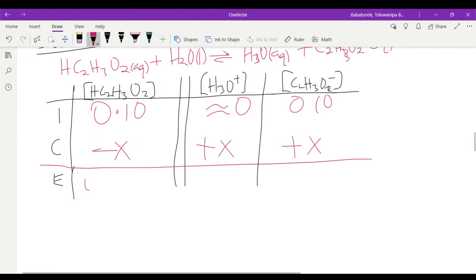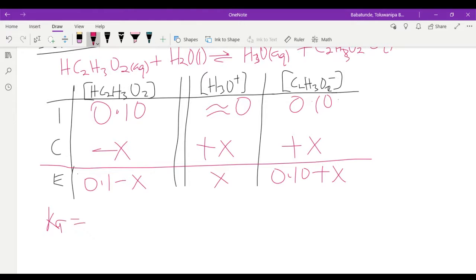It's going to be 0.1 minus x for the acid, x for the hydronium ion, and 0.1 plus x for the conjugate base. That is going to be our equilibrium value. So we can now write our equilibrium expression for Ka.